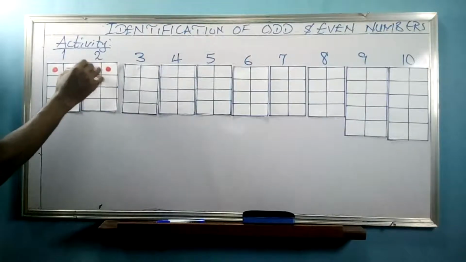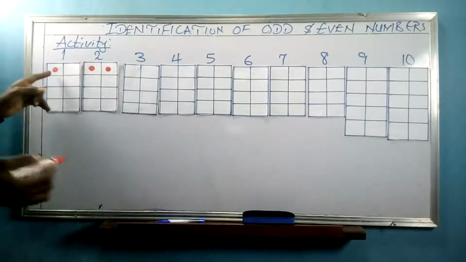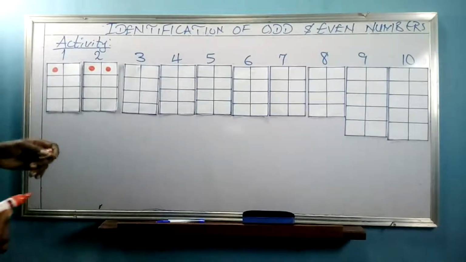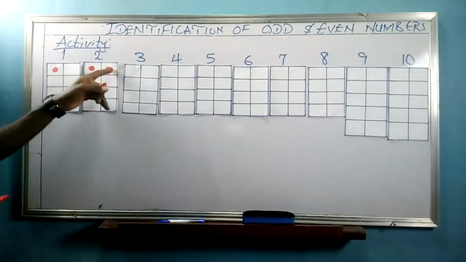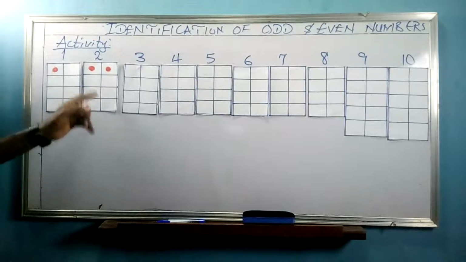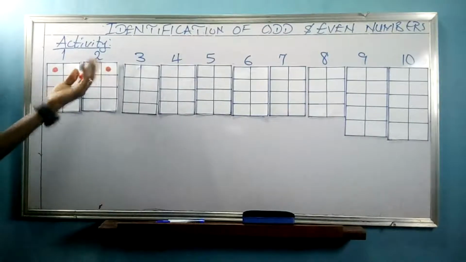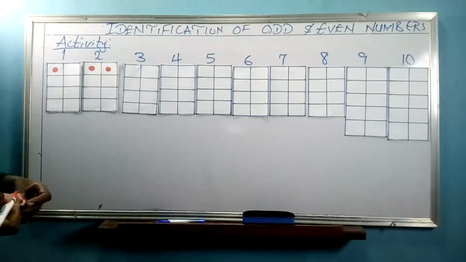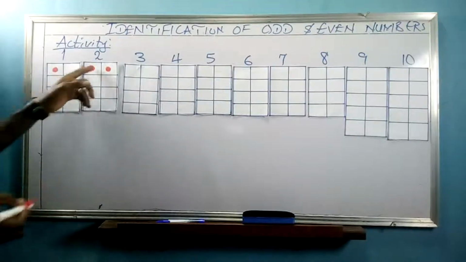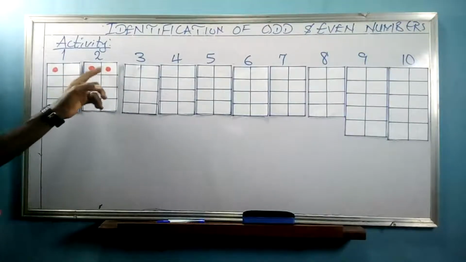When we were talking of 1, I put only 1 here. But in the 2 column, I balance the 2 ends here. Do you get that? I put a circle in the second box here.